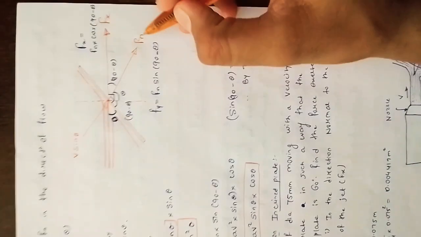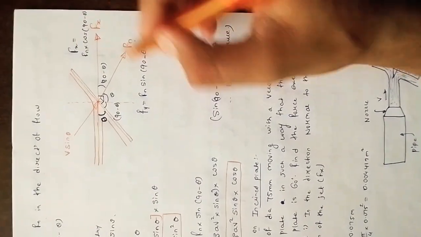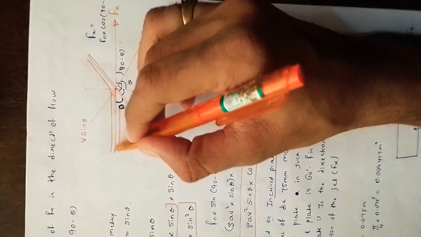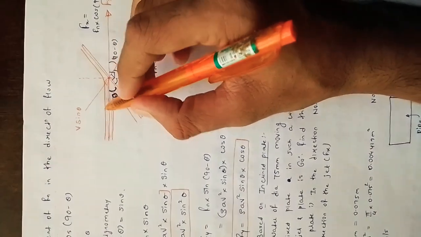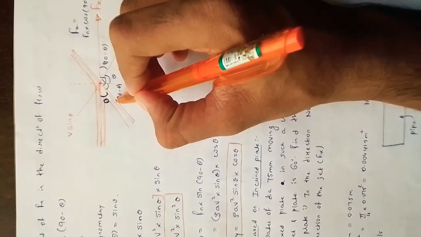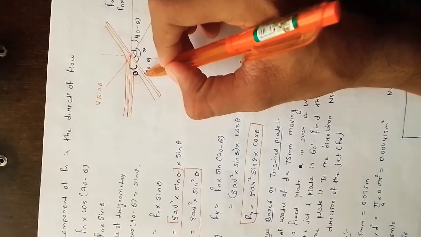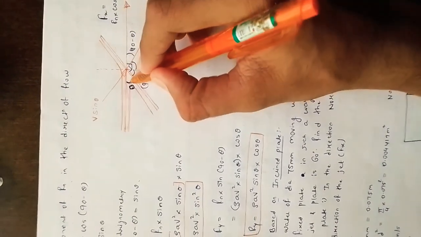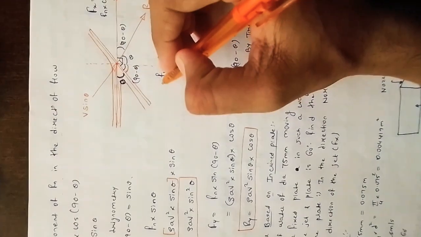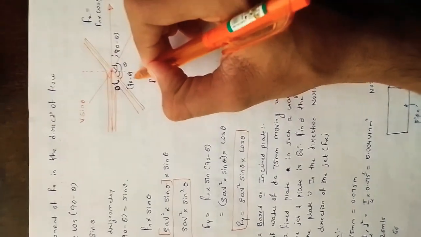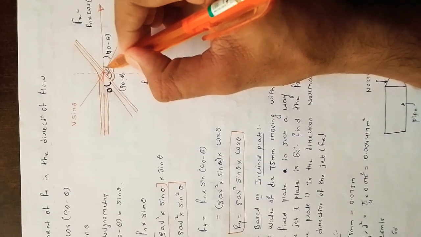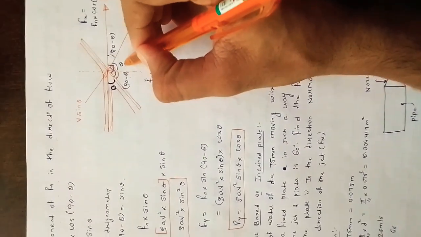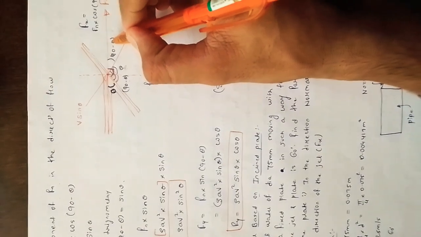You can see here this is Fn, this is Fx and Fy, this is the jet, and this is the angle theta, the angle at which the jet strikes the plate. If this is theta, then this angle will be 90 minus theta, and since the total is 90, the other will be theta, and this one will be 90 minus theta.